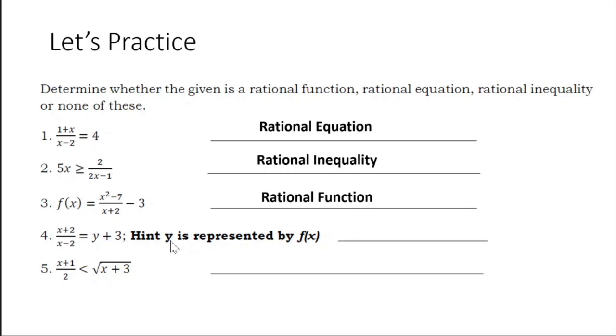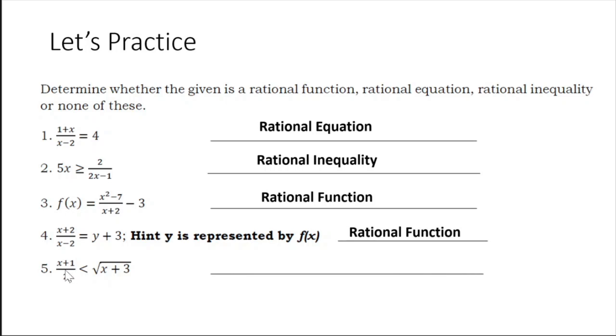Our hint is that y is represented by f of x. Take note, if we encounter this, if we have this value y, it can be represented as a function of x, or f of x. So this is an example of a rational function.